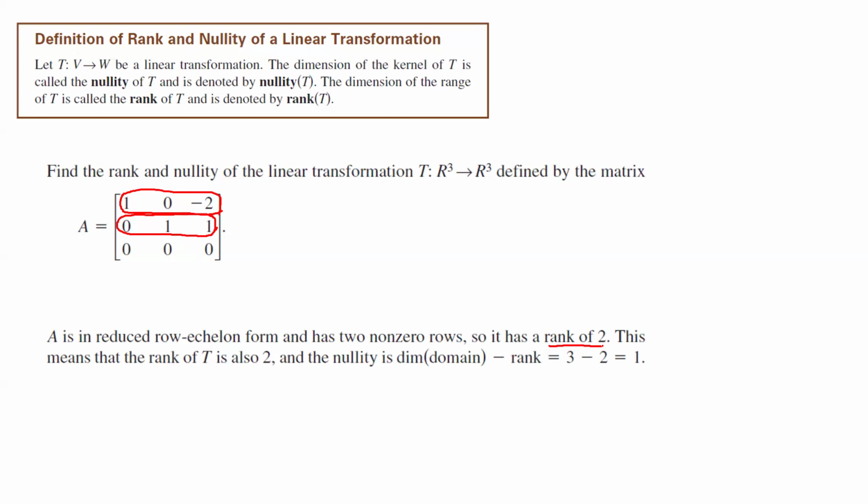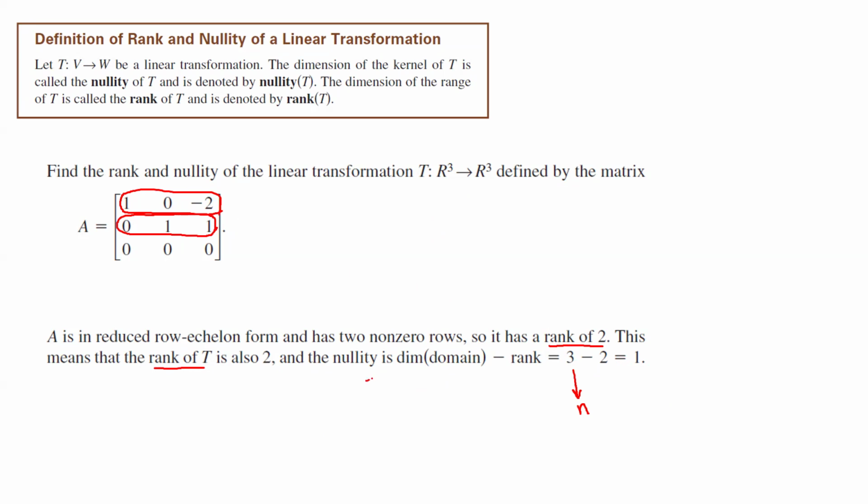Since the rank of the matrix equals 2, it means that the rank of T is equal to 2. So the nullity, which we know is the dimension of the domain minus the rank, is equal to 3. Again, 3 is your n, the dimension of the n-space, which is 3, minus the rank, which is the number of non-zero rows, equals 1.